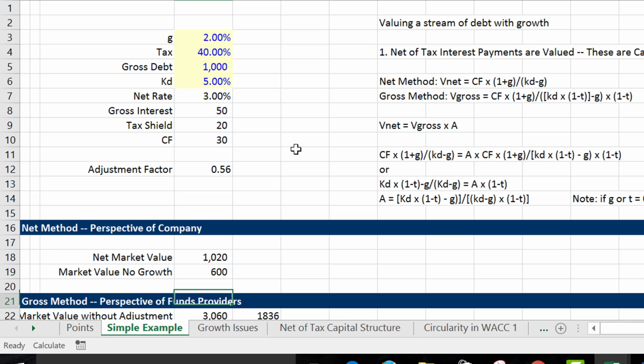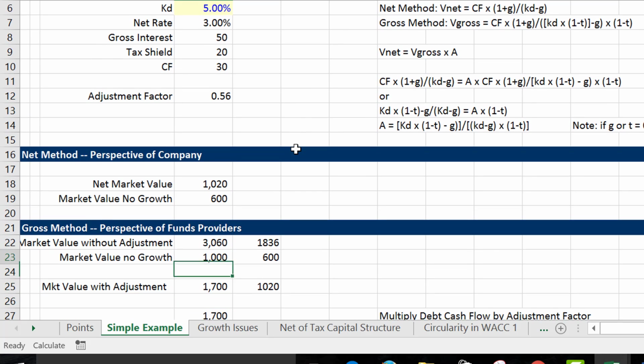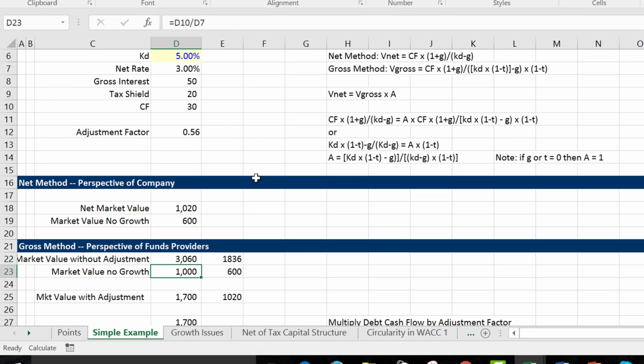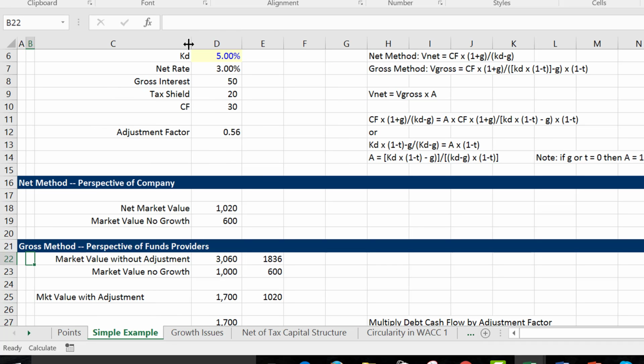Okay, and then I get my number. Now, if you're using the gross method, it's a little bit different. You make two adjustments. Okay, now let me make this a little wider. Okay, this time I said, well, we're going to take the same cash flow. All right, and then I'm going to again multiply this same cash flow by 1 plus the growth rate.